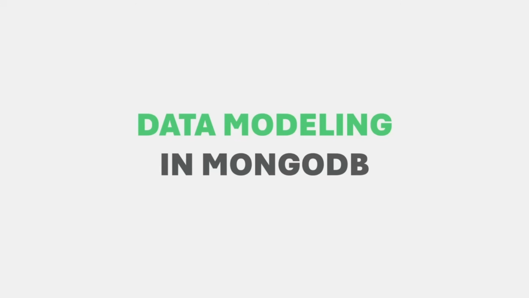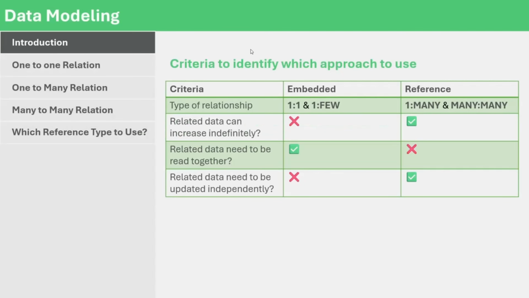So let's get started. Now, to identify which approach to use for defining a relationship between two entities, we are going to check following criteria. First of all, we are going to check what is the type of relationship two data entities have, whether it is one-to-one relationship, one-to-many relationship, or many-to-many relationship. If the relationship is one-to-one relationship or one-to-few relationship, so when I say one-to-few, I mean one-to-many, but that many refers to 1 to 10 documents.